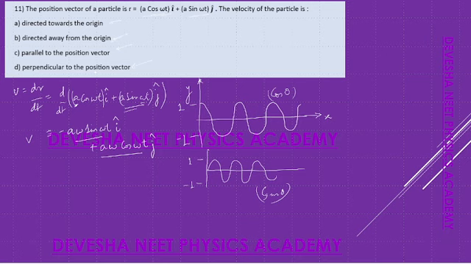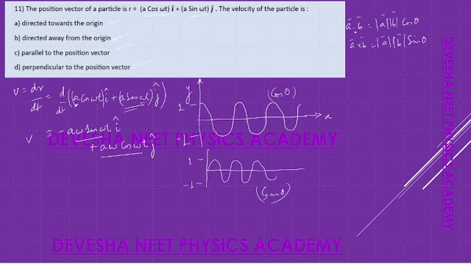So let's try to find out if this works, right? If they are perpendicular to each other, then we know the formulas for the dot product and the cross product. We know that a dot b is equal to |a||b| cos theta, and a cross b is |a||b| sin theta.